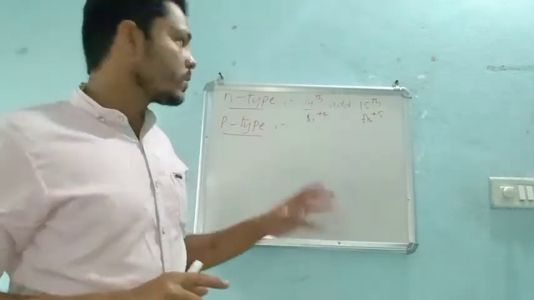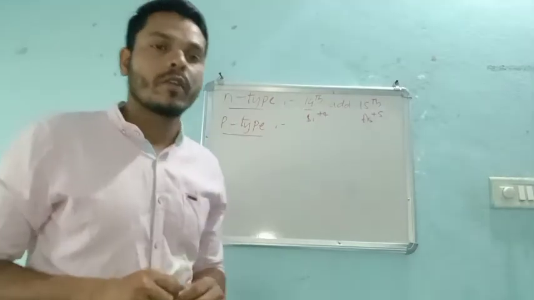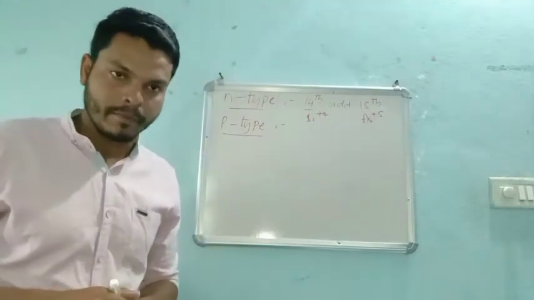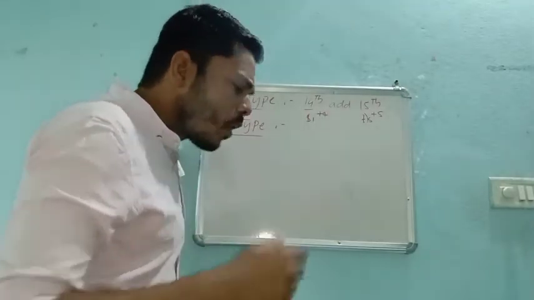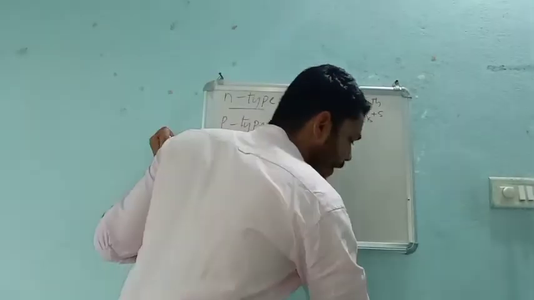That's why what we call it is N type of semiconductor. Is it clear?